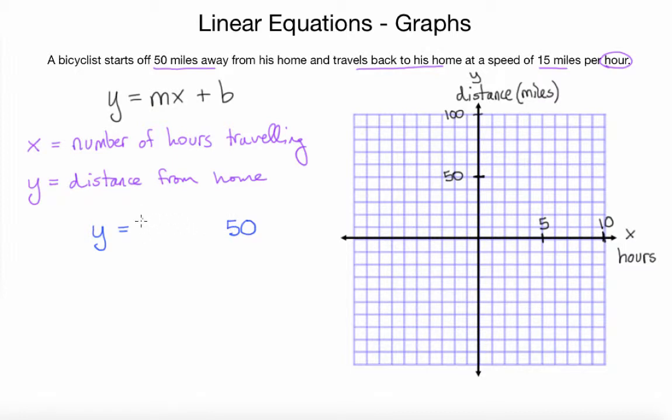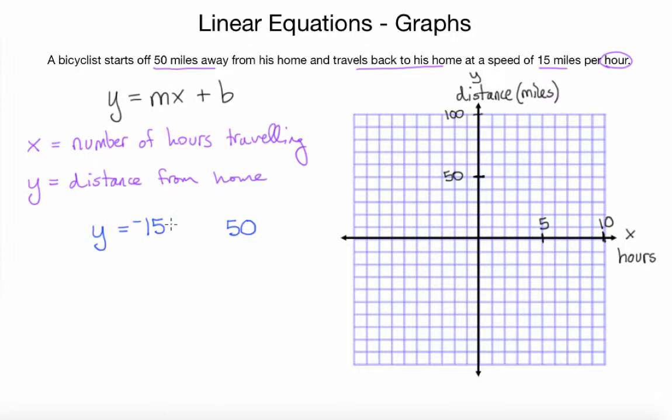It may seem like I should put 15 in for m because he's going 15 miles an hour, but I actually need negative 15 because he's getting closer and closer. His distance should slowly get down to 0 and decrease as he travels more. So I'm going to put in a negative 15 because the distance is going to decrease by 15 every hour.